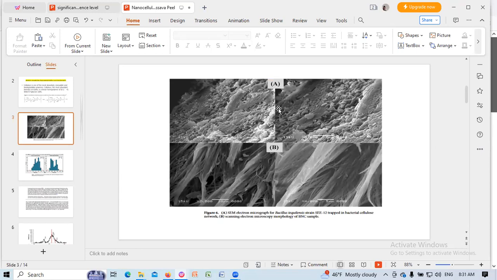Figure A is the morphological study of bacterial nanocellulose.